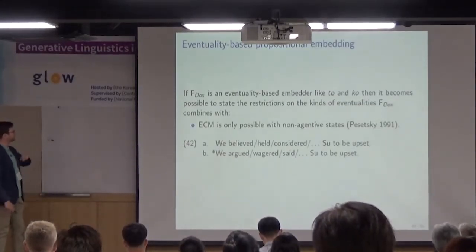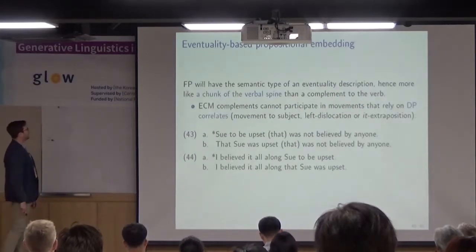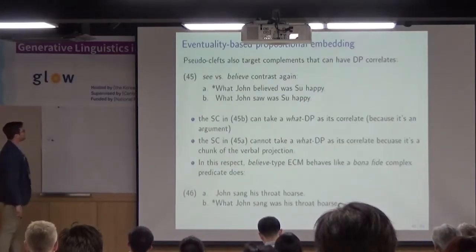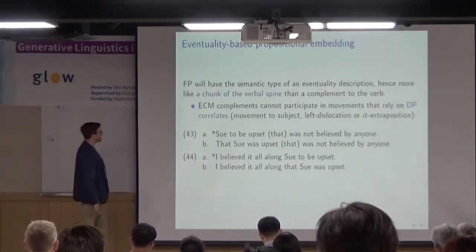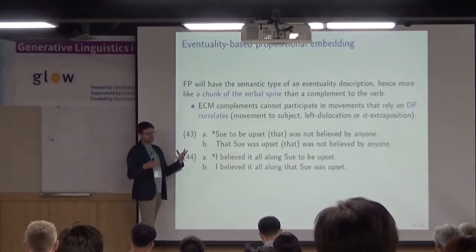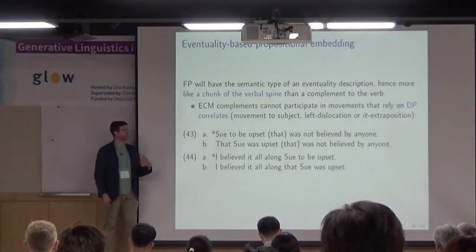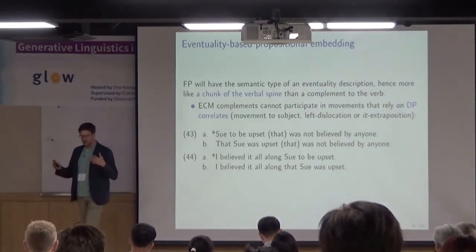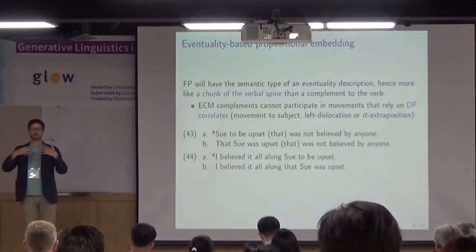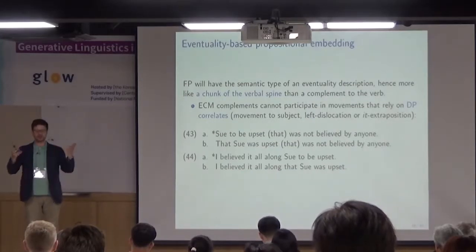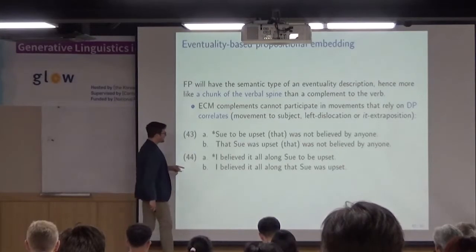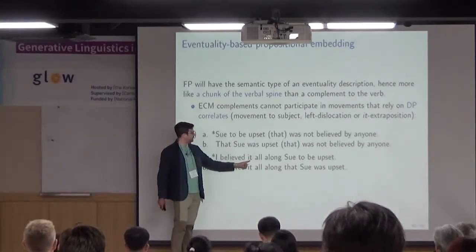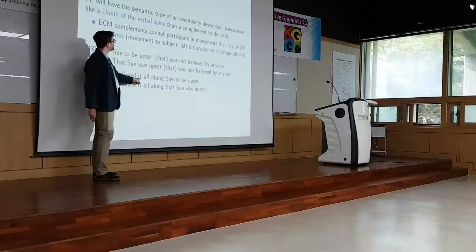In the interest of time, I'm going to skip this. I'll say one thing. ECM clauses integrate into the host predicate as event descriptions. So it's not surprising that they can't associate with nominal clausal proforms.